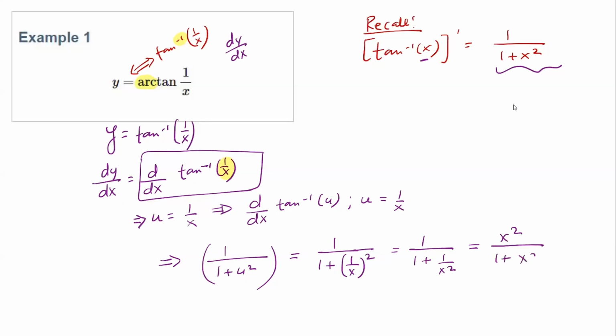How did I get this? Basically you take the common denominator, so it will be 1 over (x squared plus 1) over x squared, and then you flip them. I hope you understand this. This is a very simple but very crucial problem to understand what we're going to do next. Any questions so far?